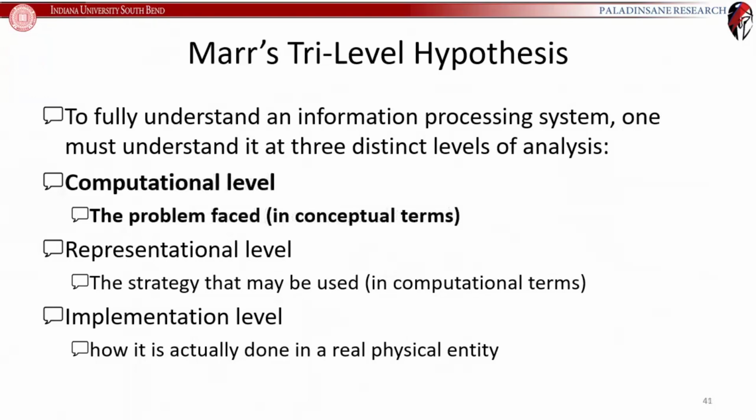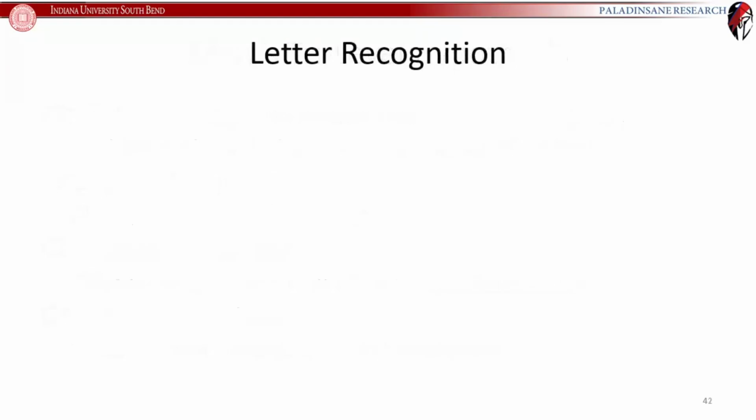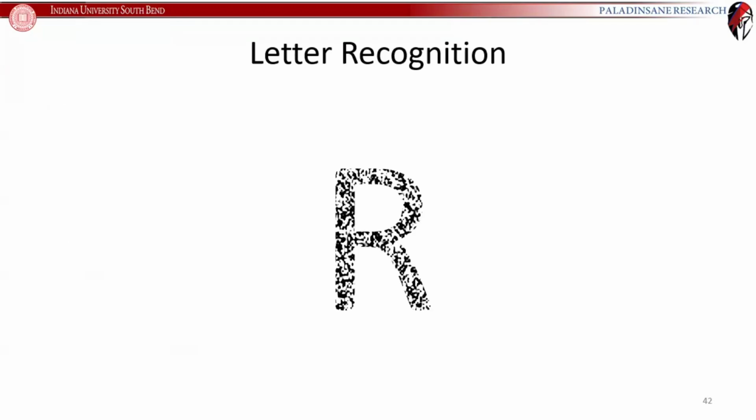The first thing that we want to do, in conceptual terms, is establish what it is that we are able to do. So I'm going to go through a short demonstration here. When I put a letter up on the screen, if you can just call out and identify it, let's see what our human minds can do.